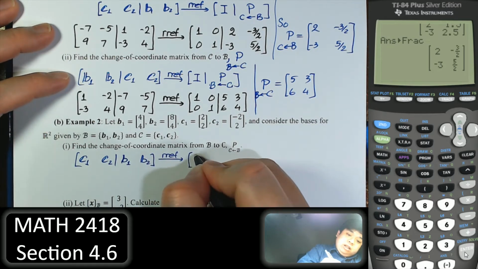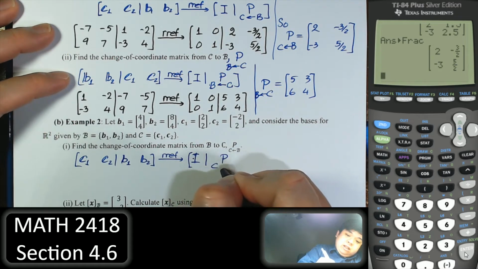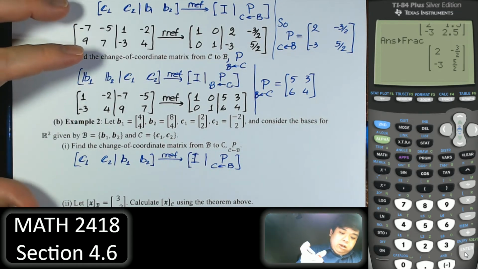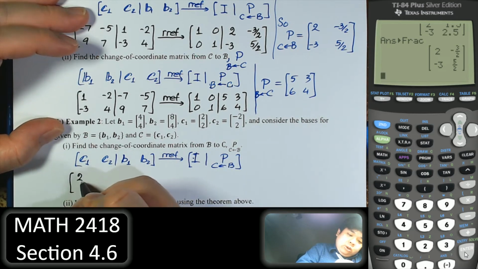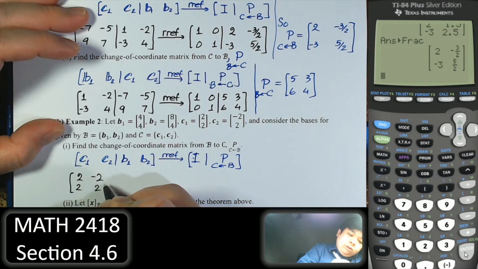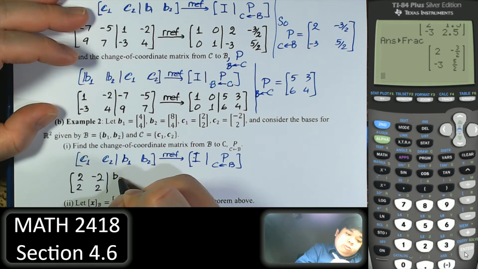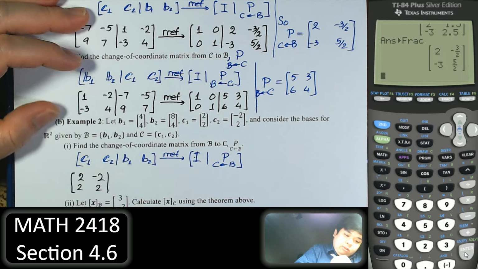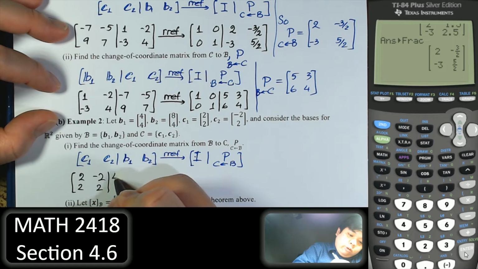If it is done correctly, we should have the identity on the left, and on the right hand side the change of coordinate matrix, right? So here we write C, 2 and 2, negative 2 and 2, and matrix B, meaning the vectors B1 and B2: 4 and 4, 8 and 4.